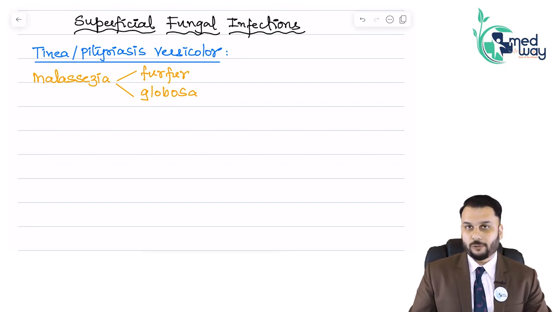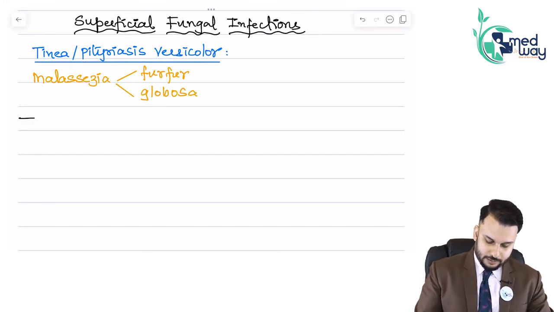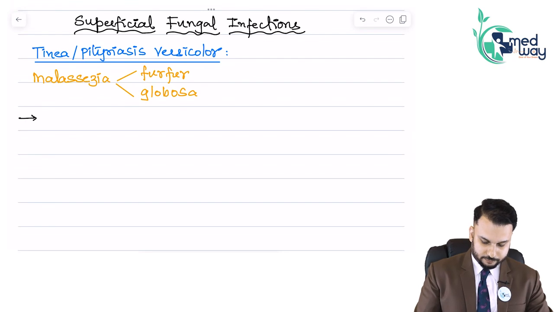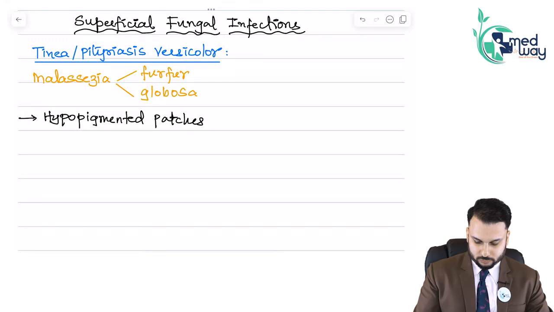Next, how does this disease present? You got to remember that the clinical feature is hypopigmented patches on the skin.